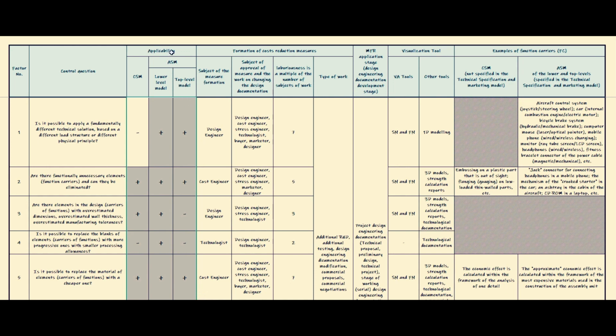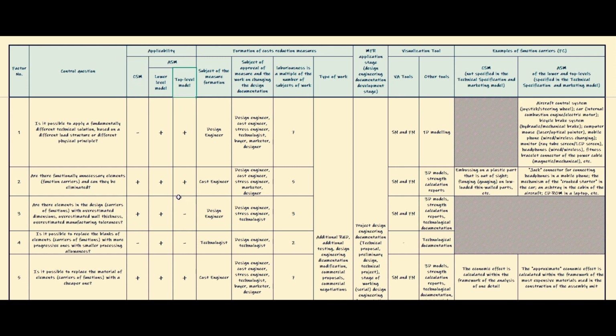In the applicability column of the table, for each of the control questions, the data obtained within the framework of the above analysis of components of various degrees of abstraction are compiled. That is, it's actually indicated which of the control questions can be applied depending on the degree of abstraction of the structural model: components of the complete structural model, abstracts at lower and upper levels.